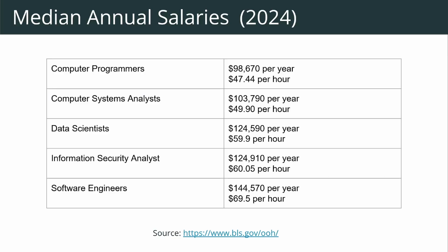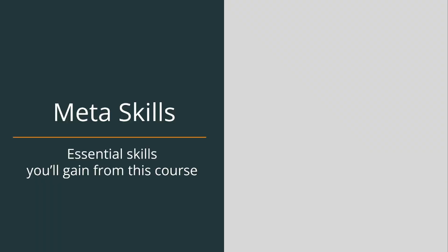Okay, so yeah, computer science, there's a lot of things you can do in it. Some meta skills that we'll gain from this course. These are kind of like life skills that we'll gain if you're doing things kind of legit and actually trying to understand the material. So some skills we'll gain is problem solving.